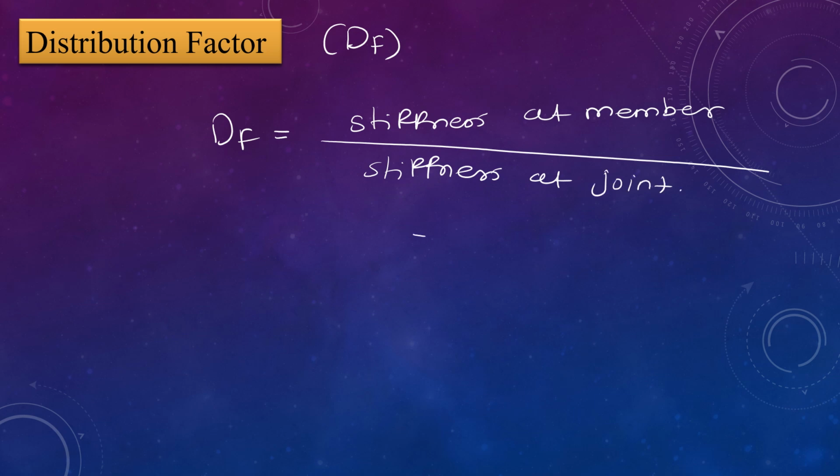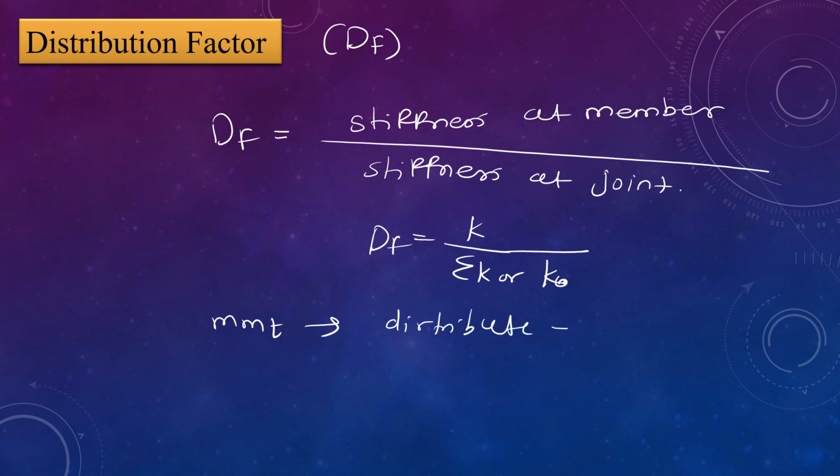Okay, DF is equal to K divided by summation of K, or K naught. Okay, the moment in case of stiffness is always distributed in opposite sign. This is the important point. From this formula, stiffness at member to stiffness at joint, this is how you can calculate the distribution factor.